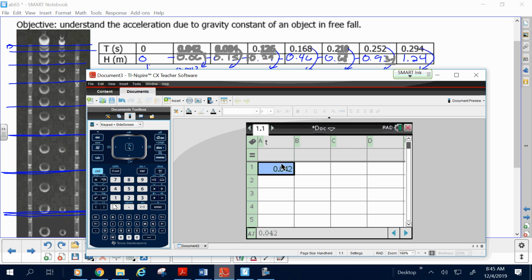Sorry, that's me. 0, yeah, 0.04, and then 0.126.